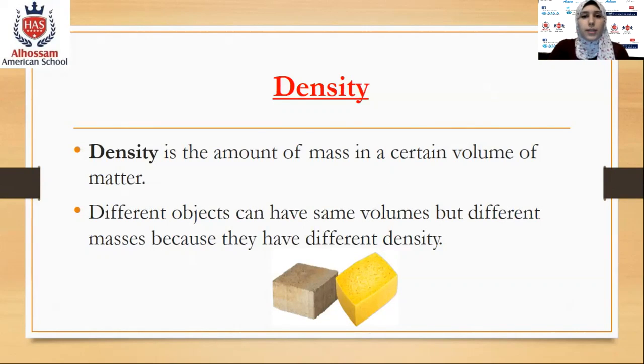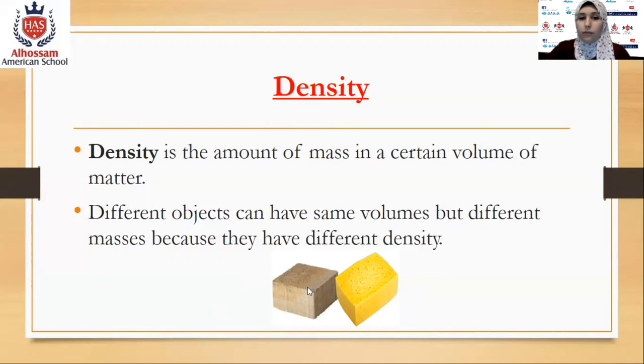Also, we talked about the density. The density is the amount of mass in a certain volume. Different objects can have the same volume but different masses. Look at them, they have the same volume, but different masses, because they have different density.